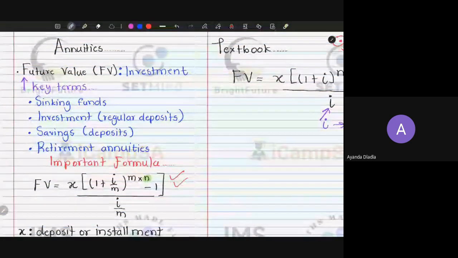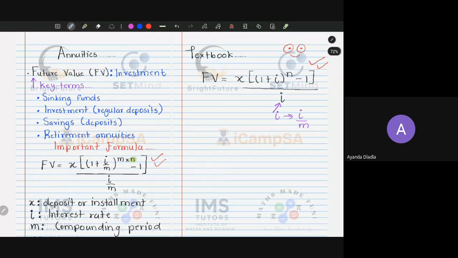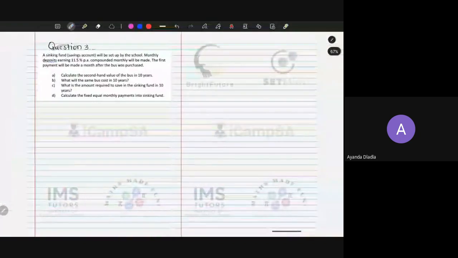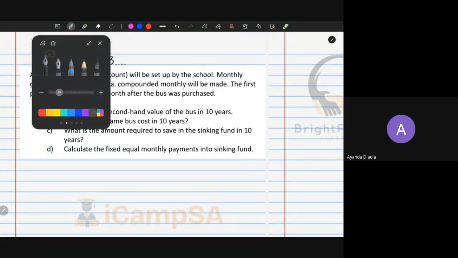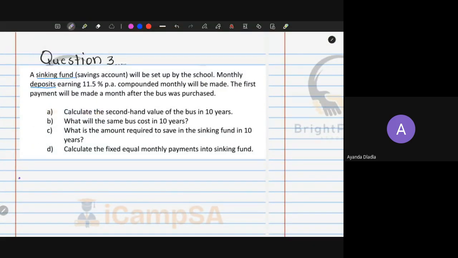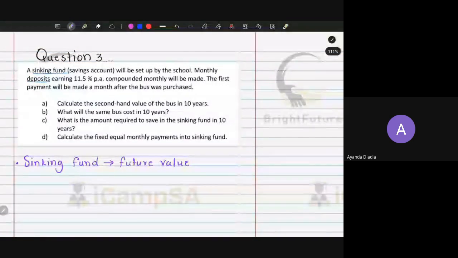But let's go back and read and quickly outline what we have and understand the problem. So we already highlighted some key terms. We can clearly see that sinking fund means future value. So when I see that sinking fund, I see what is happening here. It means I need to use that future value formula.